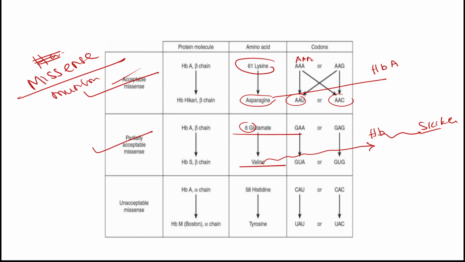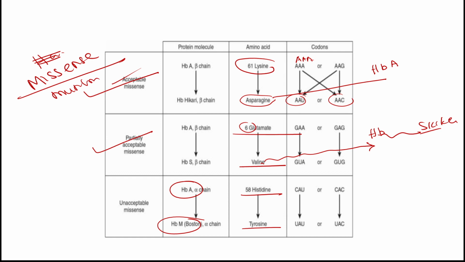The other is the unacceptable ones. Boston. This is again hemoglobin A, with histidine replaced by tyrosine at the 58 position. This molecule is known as Boston hemoglobin. Once Boston hemoglobin binds to oxygen, it binds permanently.